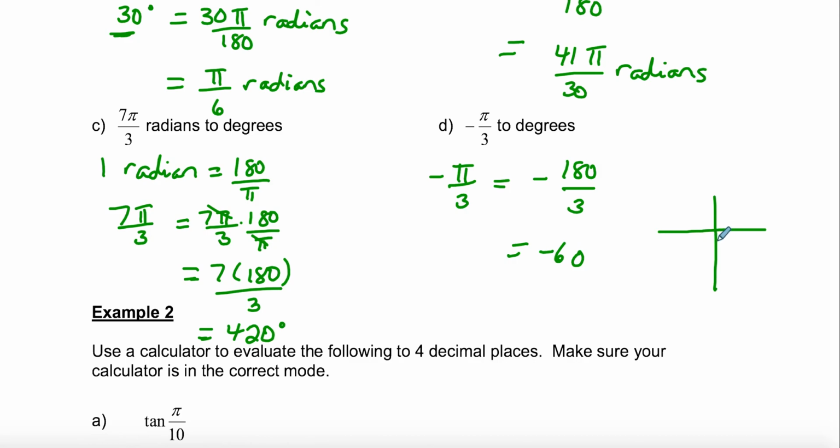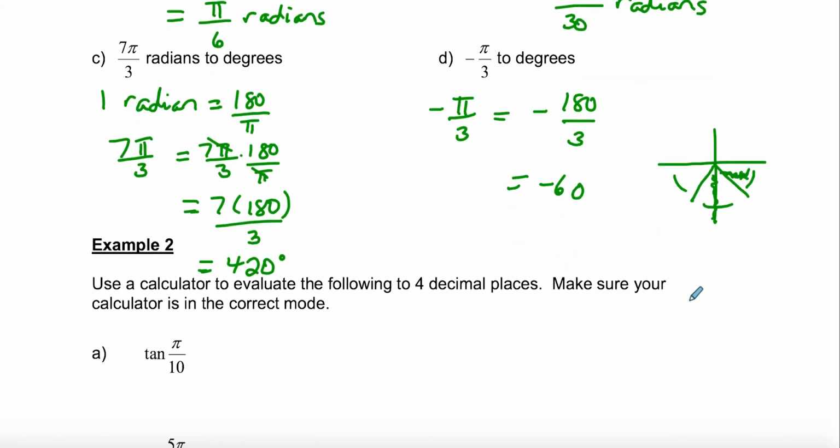If we divide our pi, 180 degrees, into 3 sections, 1, 2, 3 sections, so if this was 60 and then 120 and then 180, negative 60 degrees is here. That's why it's the same thing as 180 divided by 3, or negative 60 degrees.